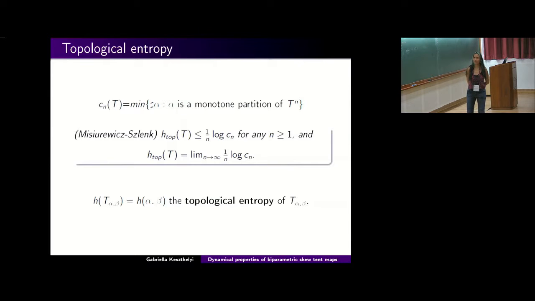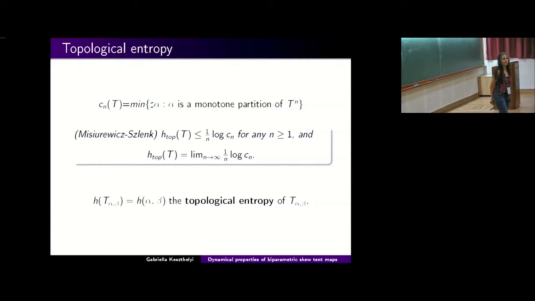Okay, so this morning we heard many definitions of the topological entropy, and those are quite good. But I will use another one introduced by Misiurewicz. We can count the spikes. We call them the lap number, that will be c_n. If you take a monotone partition of the nth iteration, then the minimum of the cardinality of such partitions will be the lap number.